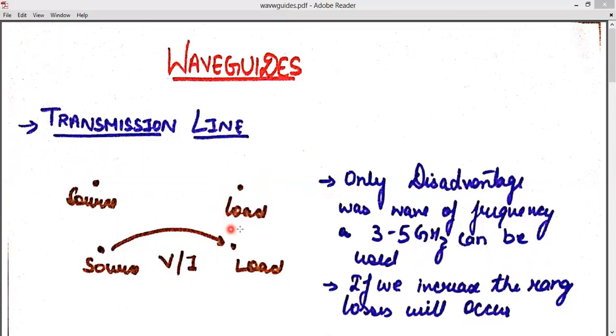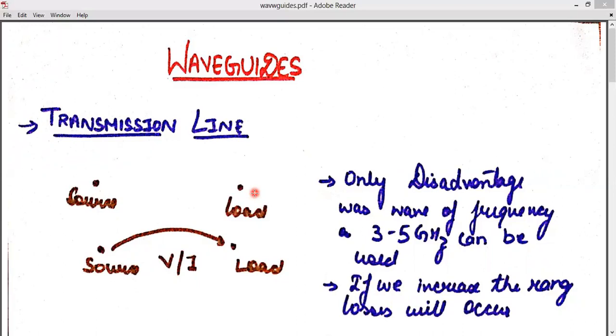The frequency range we can use in a transmission line is only about 3 to 5 gigahertz. We cannot use more than this, otherwise the chances of losses will increase.